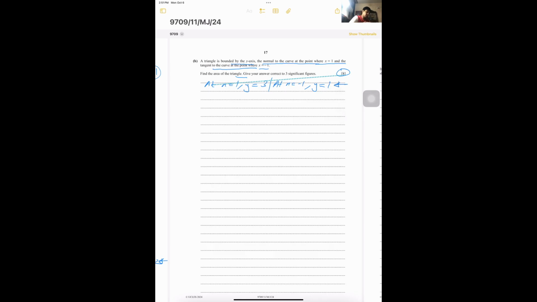So we found both the coordinates. Now we did dy by dx. Now we need to find the gradient of the tangent. dy by dx at x equal to 1 is 1 minus 4 plus 3, 1 minus 2, right?